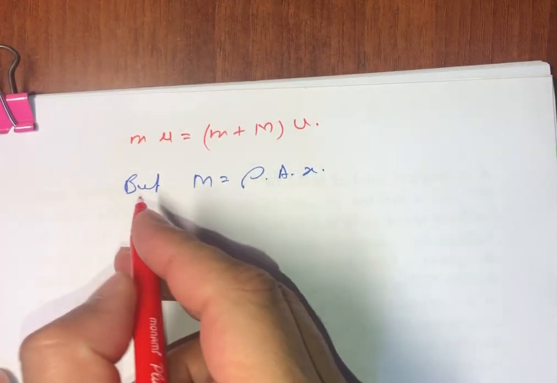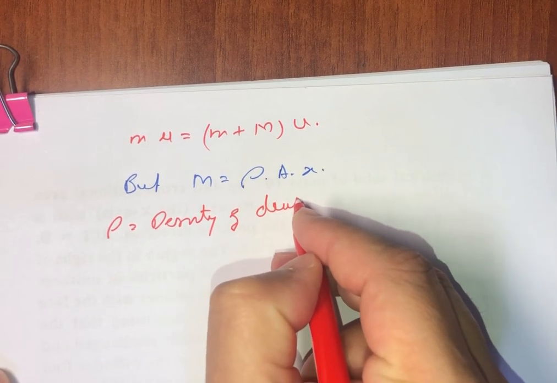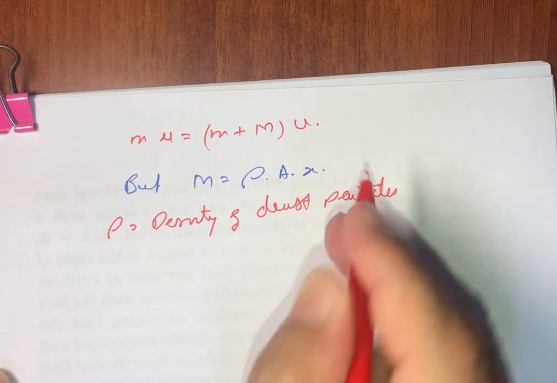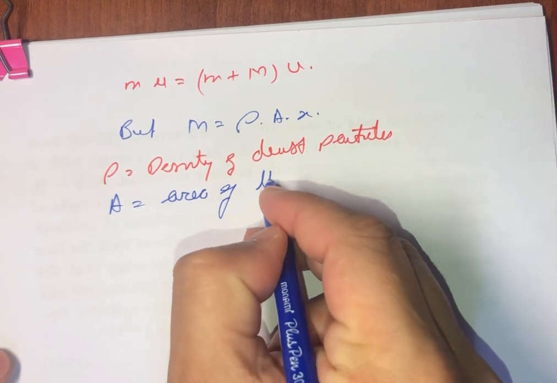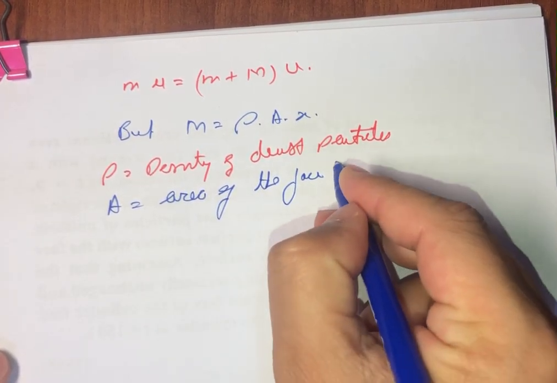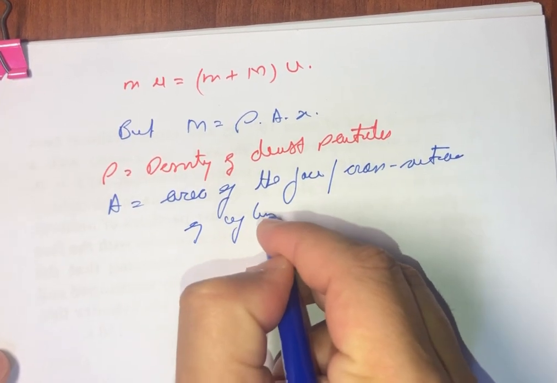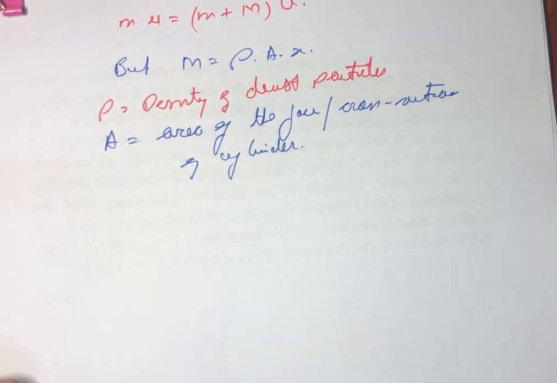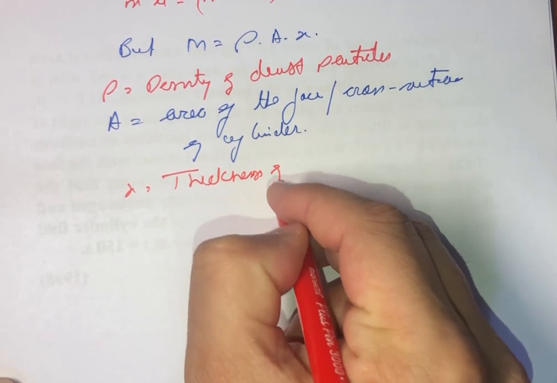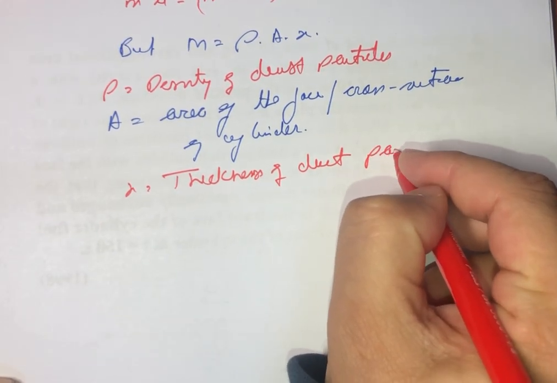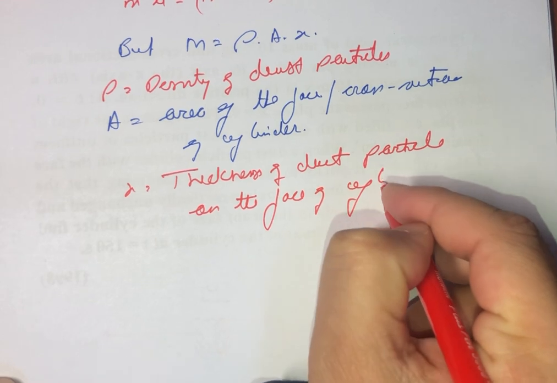Here rho is the density of dust particles, A is the area of the face, or we can say cross section, of the cylinder, and x we already know is the thickness of the dust accumulated on the face of the cylinder.